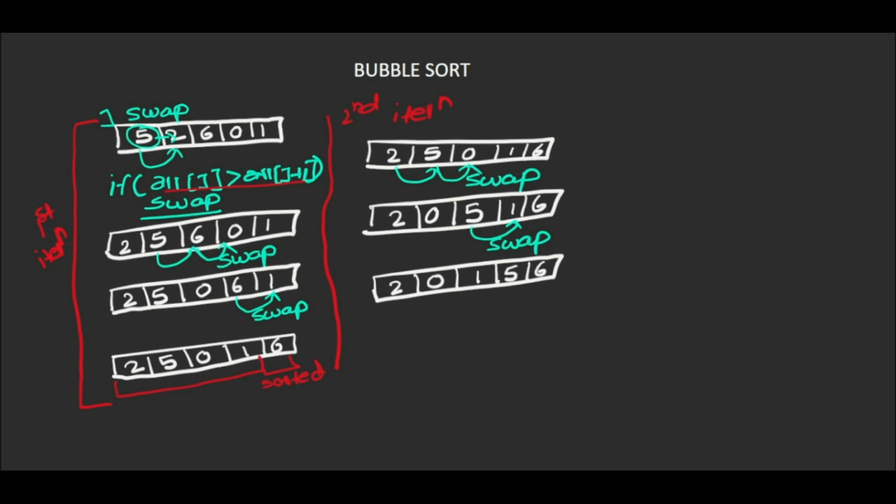If you see here, now the second heaviest element, which is 5, is in place. Now the array is sorted up to this, so we need to sort the array only up to this element. Now again we need to do the third iteration.